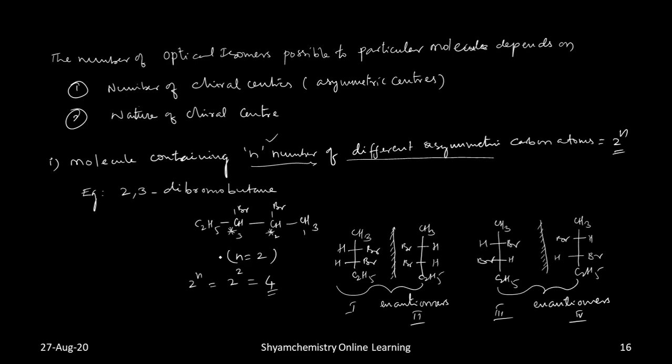If you take any molecule with different asymmetric carbons, you will get a different number of isomers. Suppose you take glucose and fructose.